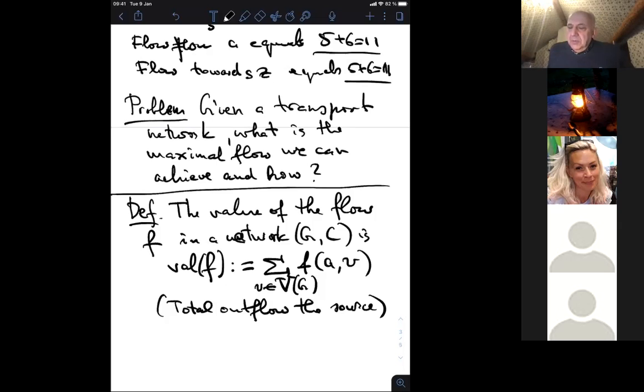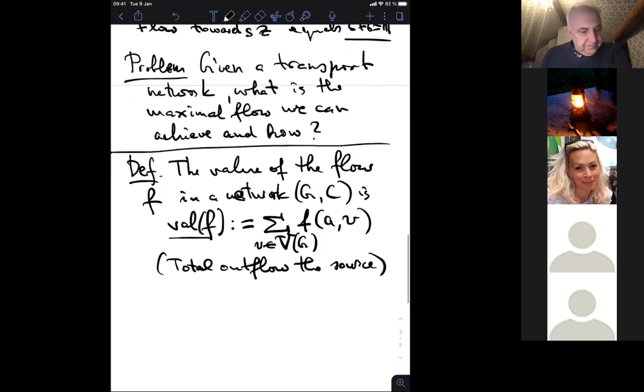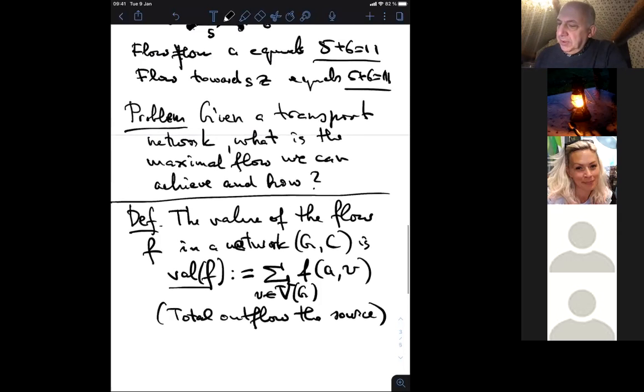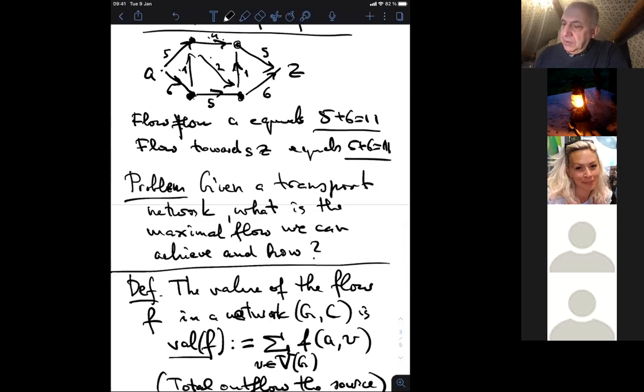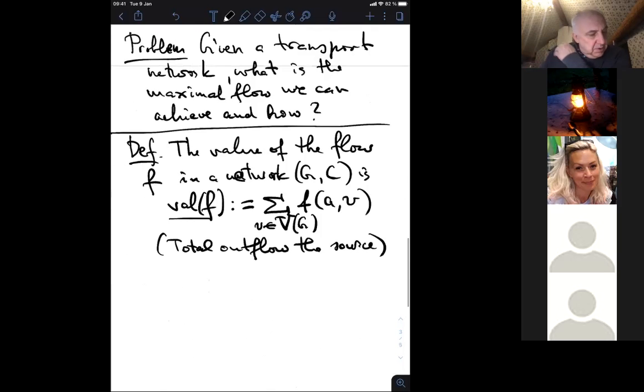So if we have a flow which satisfies this balancing condition at all vertices except for the source and the sink, there are many ways to calculate the same value of the flow. Okay, so in our example here, the value of the flow is 11. That's the total leaving A, 5 plus 6.